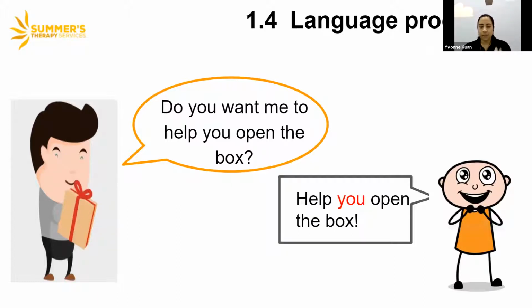Now, the first instinct we would say is, oh, maybe the child didn't know that the father was offering to open the box, and the child was actually trying to say, yes, I want you to help me open the box. But could it be that this child also wanted to help the father open the box? Could it be that the child was thinking, oh, daddy is helping me open the box, can I help you to open also? Help you in the process of opening the box together.